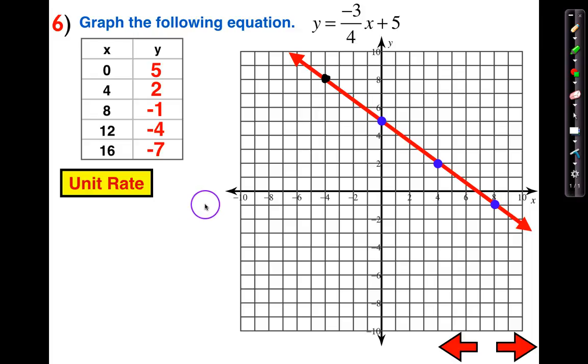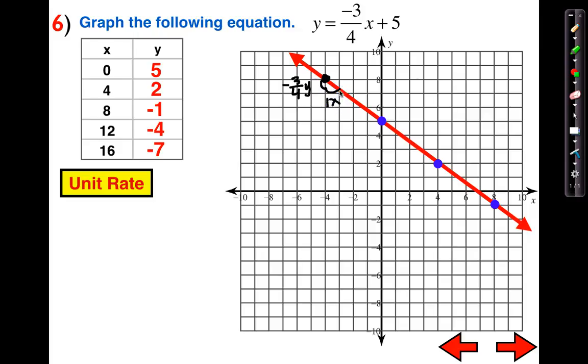Now, let's talk about our unit rate. How much is it moving for each 1x? Well, it's a little bit hard to see, but first of all, I want you to see that it's dropping about this much. You probably can't tell, but I will tell you it's dropping 3/4 of a y for each 1x.